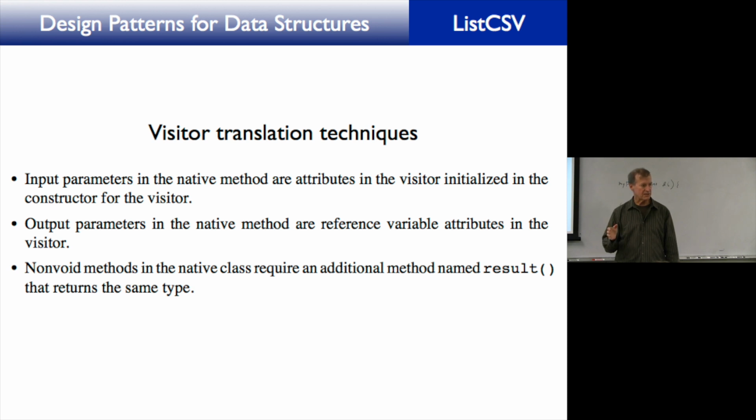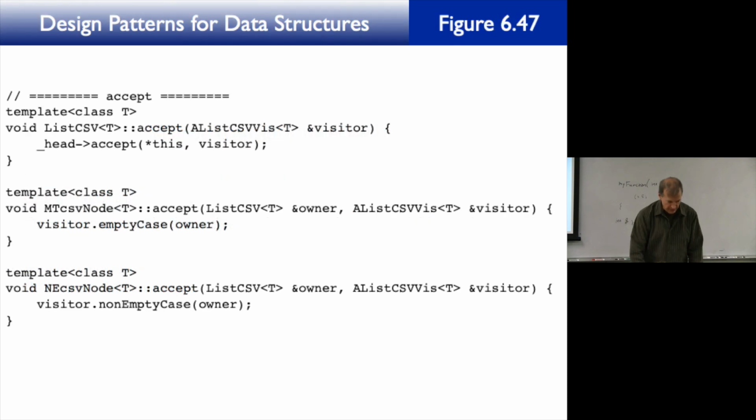Do you see? Here, let's go back. Here's the code for accept. Figure 6.47. What does it say? Void list CSVT accept. So accept methods are void. So if the way the user executes the plugin is to do accept, how can it return anything?